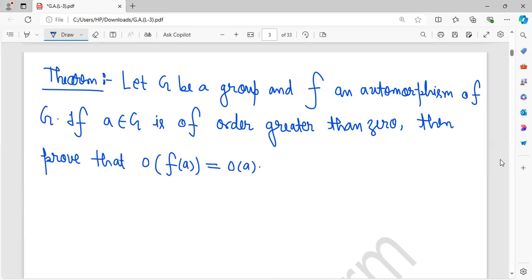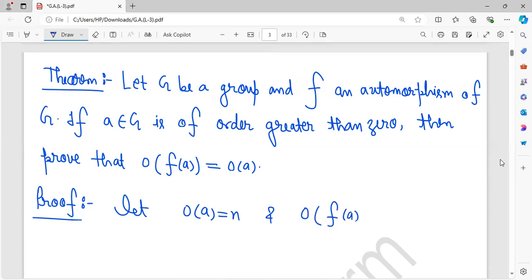Okay, let's prove it. Let order of a be equal to n and order of f(a) be equal to m.